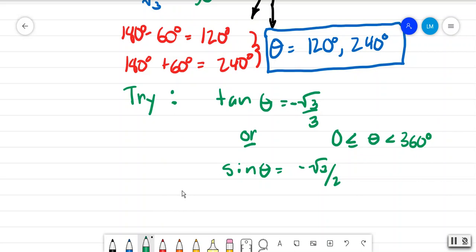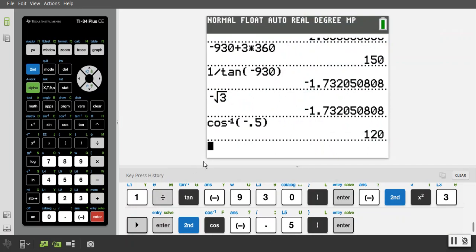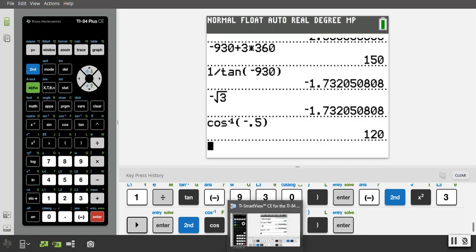So you just want to practice finding reference angles, and then maybe even using your calculator for some of them. Because we could have found some others if we wanted to use the inverse function. But do go ahead and use the other functions as well when you're practicing figuring out the non-acute angles. Okay.